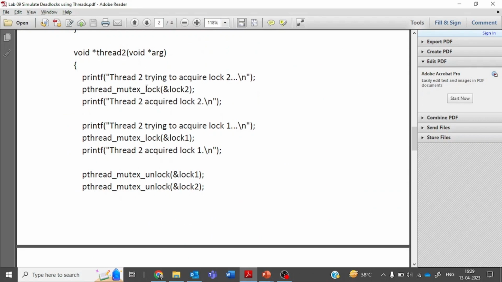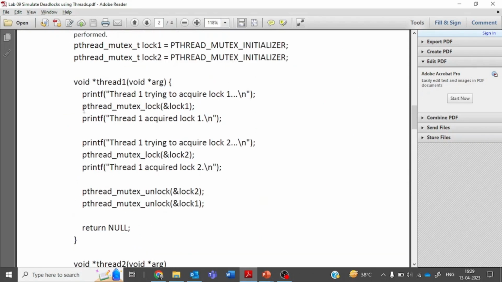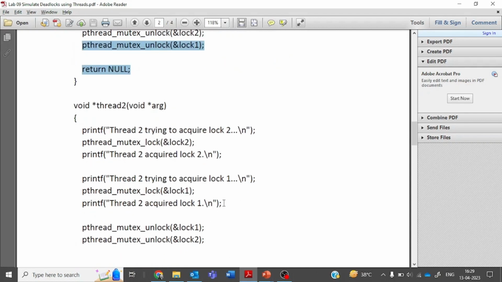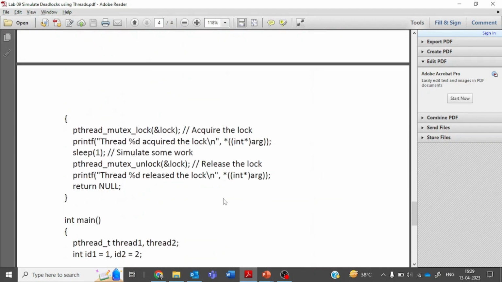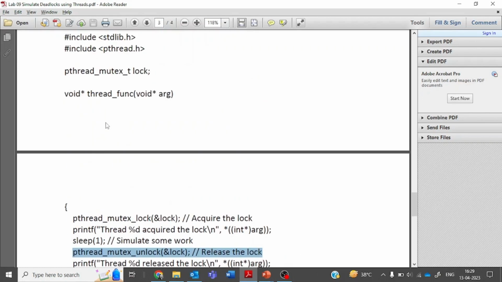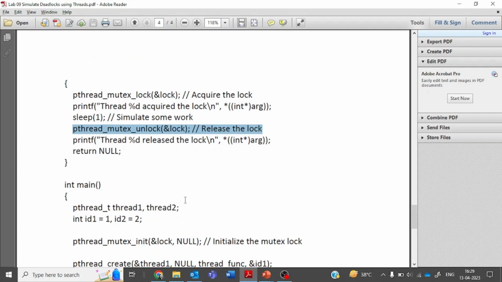So in this particular case, I got the first lock, I got the second lock, and then I unlock it. Whereas in the second program, I acquire the first lock, I do some work, and then I release it. Similarly, the same process is executed by both the threads. This ensures a fair execution: you acquire the lock, you release it, and that way there is no problem of a deadlock happening.